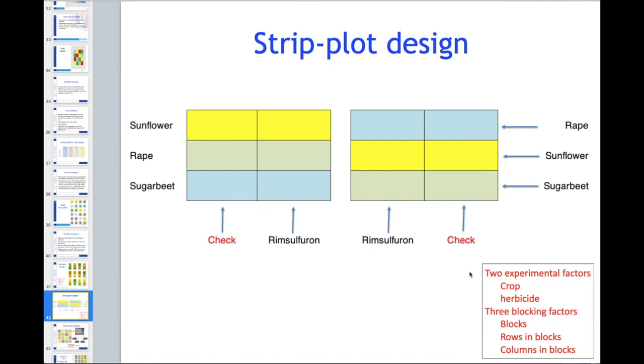It reminds a little bit of the Latin square design, but this is different because we have two factors. With Latin square design, we have only one factor. And here we have two blocks, two separate blocks.